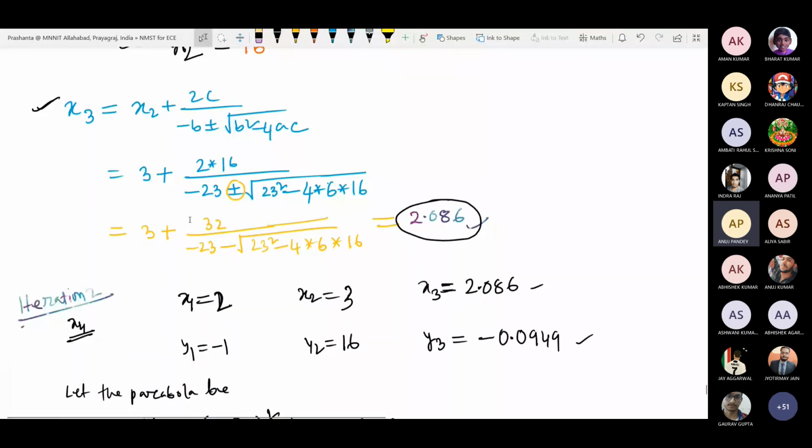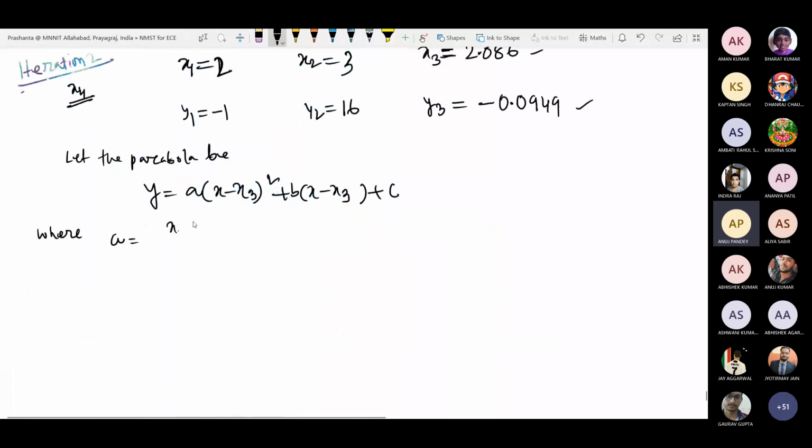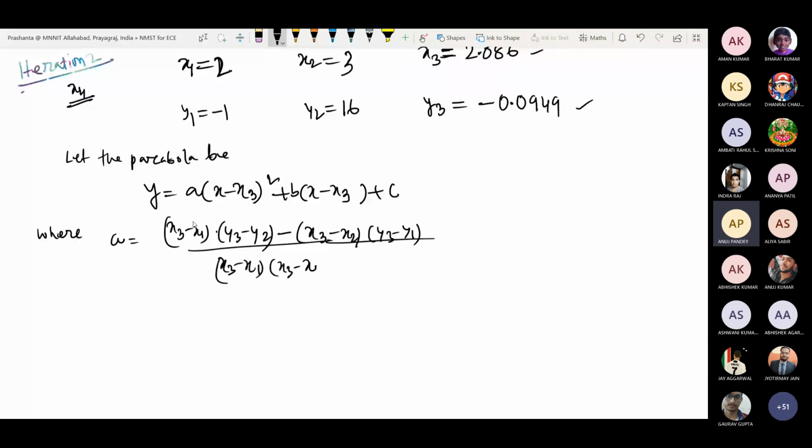So a is (x3 minus x1) into (y3 minus y2), minus (x3 minus x2) into (y3 minus y1), and in the denominator it will be divided by (x3 minus x1), (x3 minus x2) into (x2 minus x1).